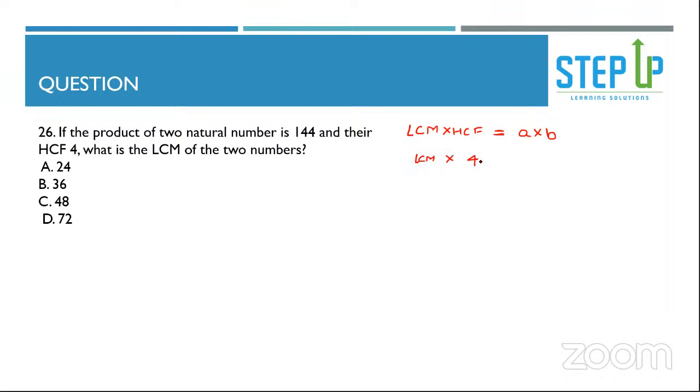HCF is 4 and the product of the two numbers is given as 144. So the LCM is 144 divided by 4: 4 3s are 12, 2, 36. So the answer is 36.